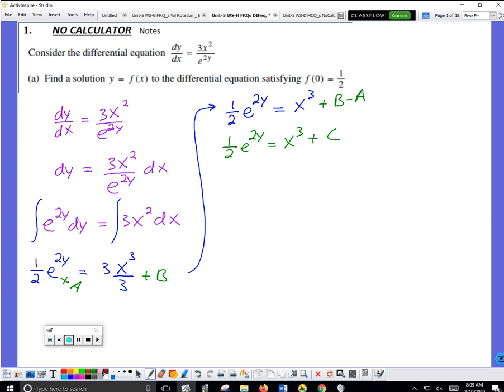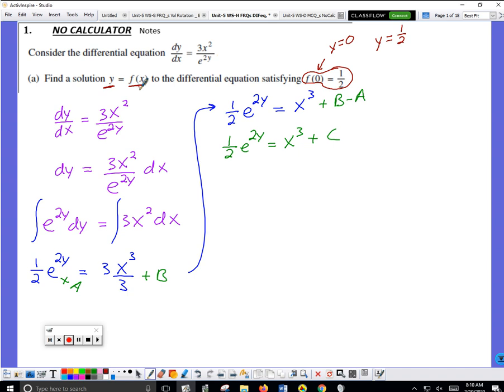We have a way to find this value because they tell us right here that we're supposed to find an equation where if you plug in x equals 0, you end up with a y value of 1/2. That's what this clue is telling you. Remember, solving a differential equation means find an equation. The equation is going to be y equals something or f equals something.